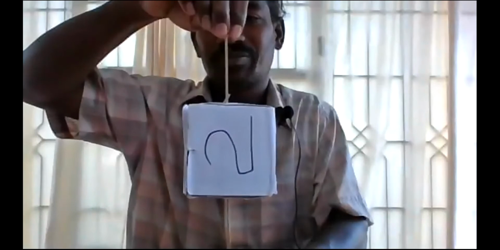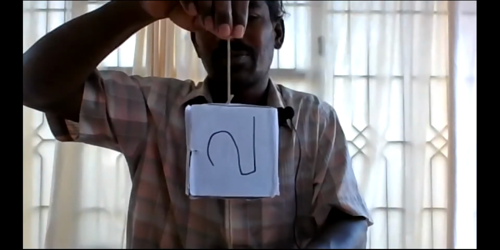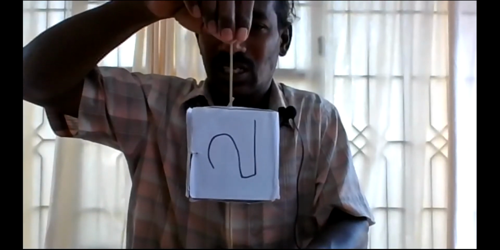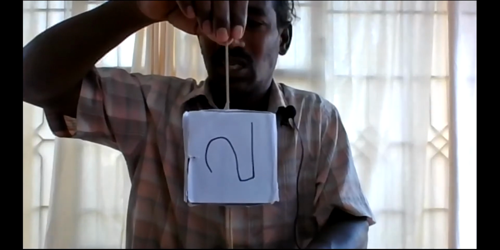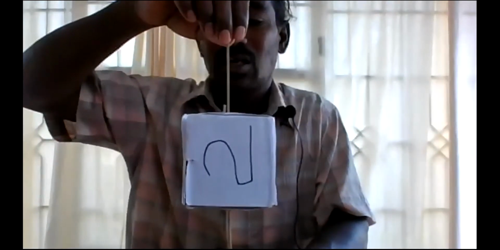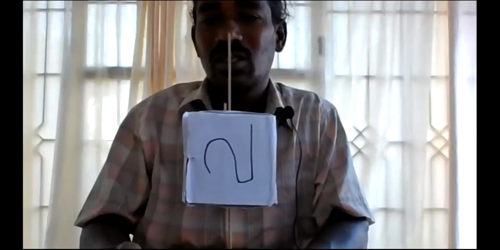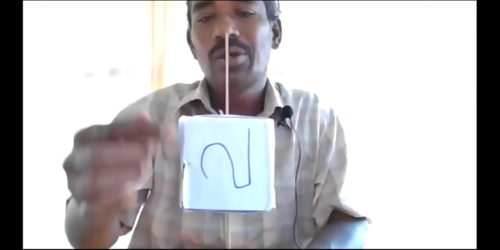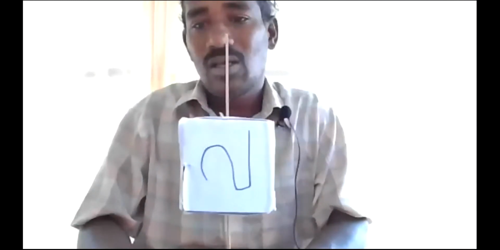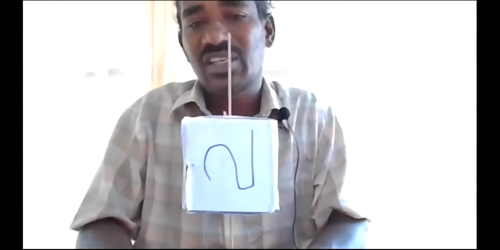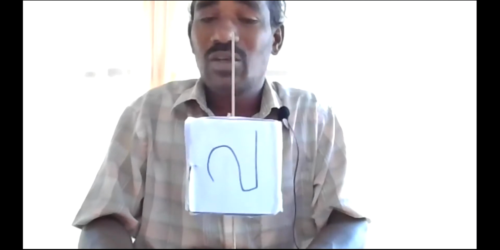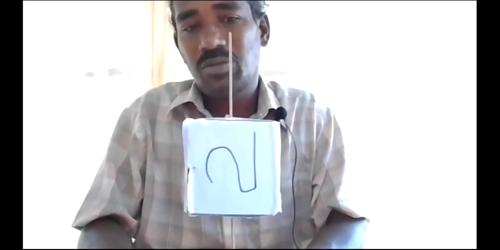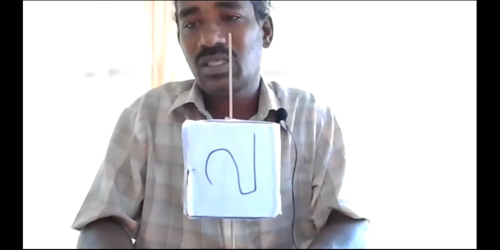Now the question is, with respect to this axis, we rotated this cube through 360 degrees. How many times did you get a cubic face? Have you got it one time, two times, three times, four times, or how many?